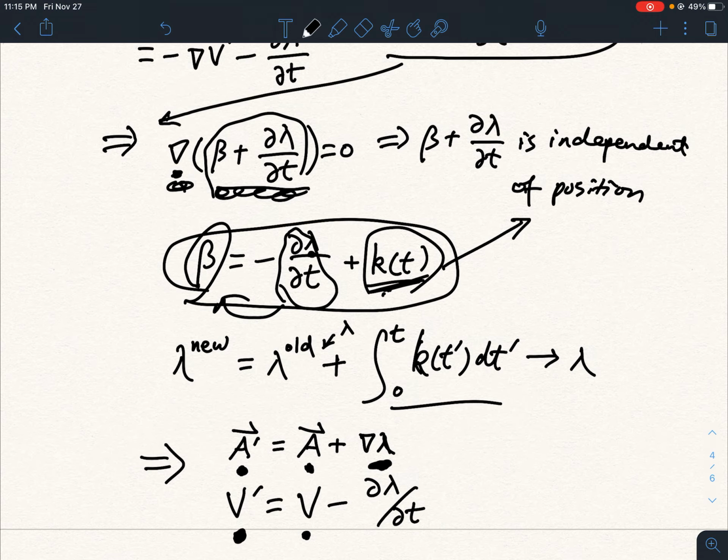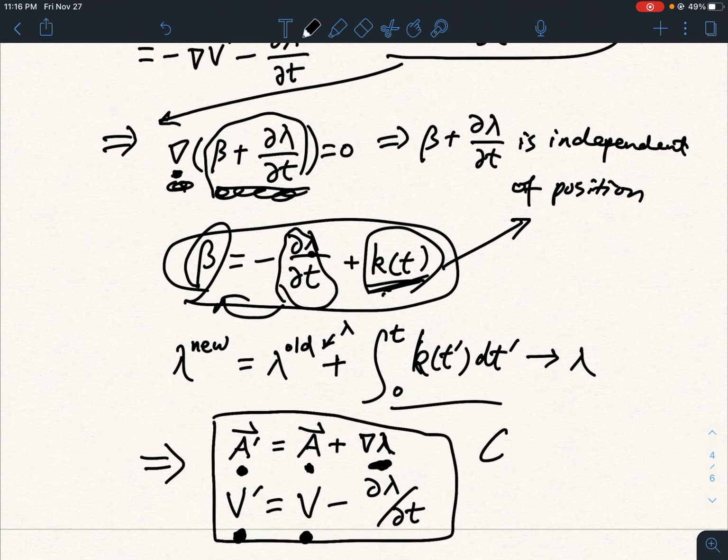Likewise, if the new scalar function equals the old scalar function minus partial lambda over partial t, then the electric field will also not change. So at the end we have the same electric field and also the same magnetic field. This is what we call the gauge transformation.